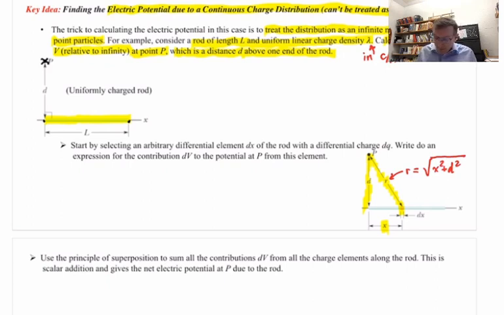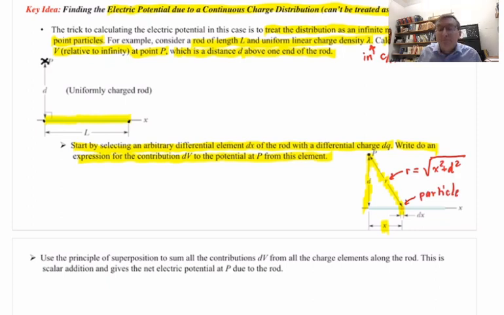Okay? All right, so we have selected an arbitrary differential element dx of the rod with an infinitesimal amount of charge, dq. We're now going to write down an expression for the contribution dV to the potential from this element. Well, treat it like a particle. There's the little highlighted element right there.